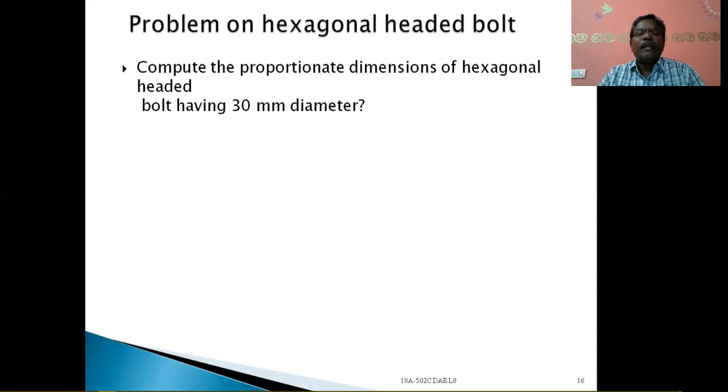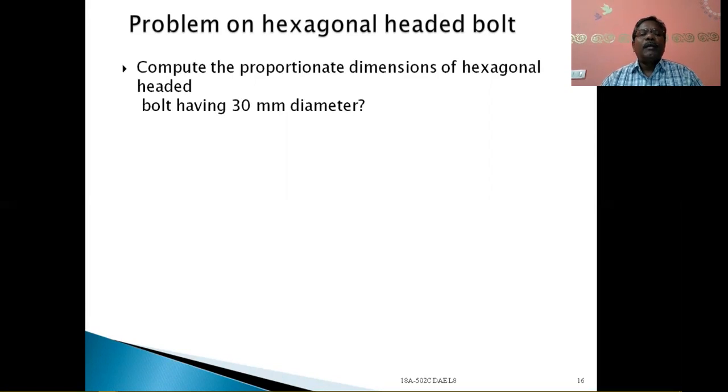Don't go in any other manner. It should always be the nominal diameter of the bolts, right? So based on this nominal diameter, we are going to calculate each and every proportion of hexagonal headed bolts, and we can manufacture on the machines itself.